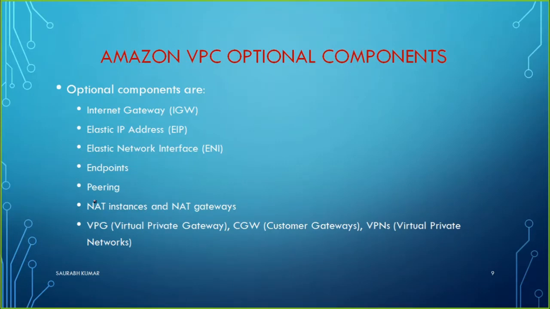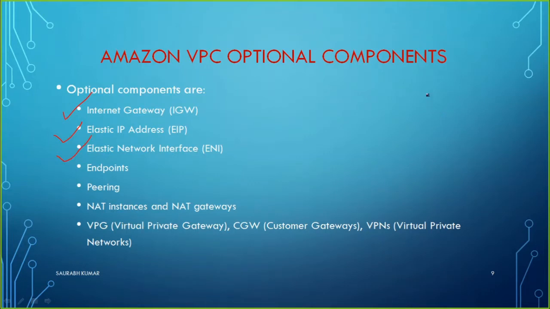Next point is what the optional components are, the way I was telling you previously. Other optional components of Amazon VPC are internet gateway and elastic IP address. What is an elastic IP address? I told you this is a static public IP address. Then the elastic network interface.